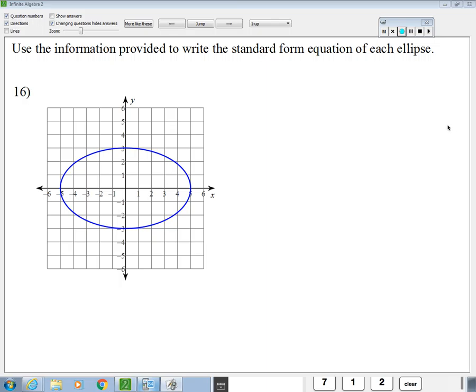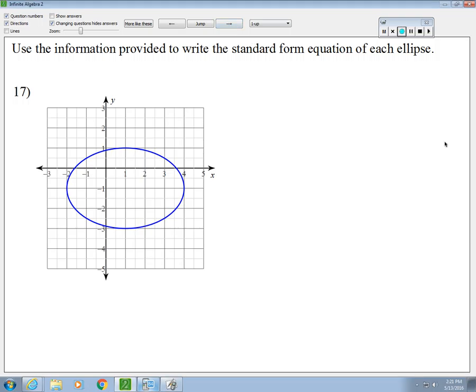Okay, now let's look at number 17. Is this ellipse horizontal or vertical? Horizontal, but this time the center is no longer at the origin, correct? It's at 1, negative 1. So when you write the equation this time, you're not just going to have an x squared and a y squared.